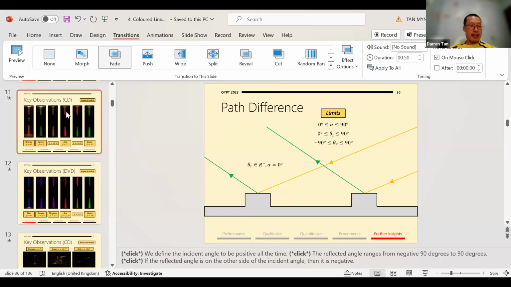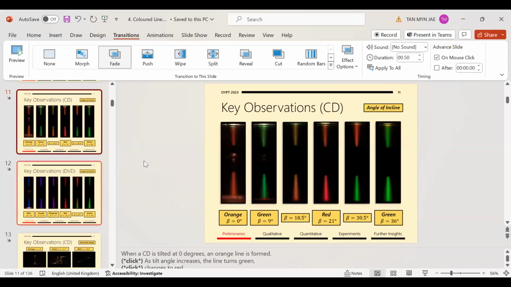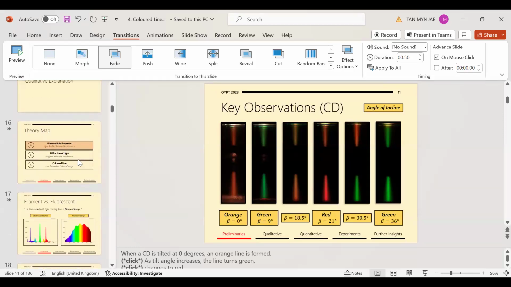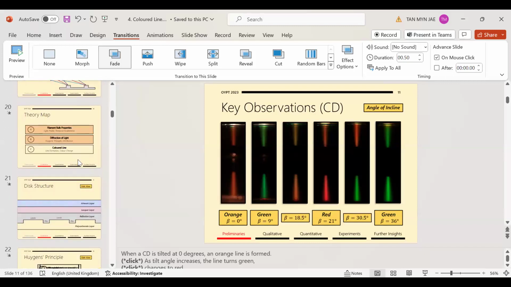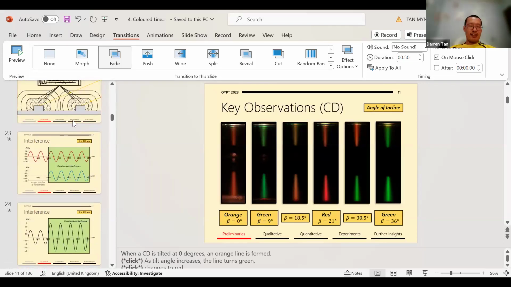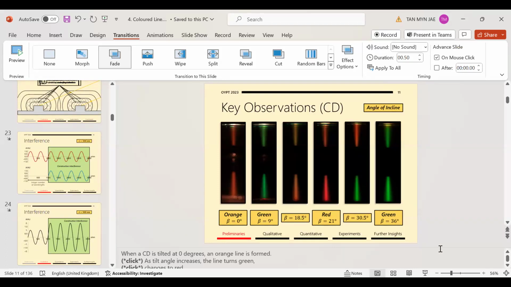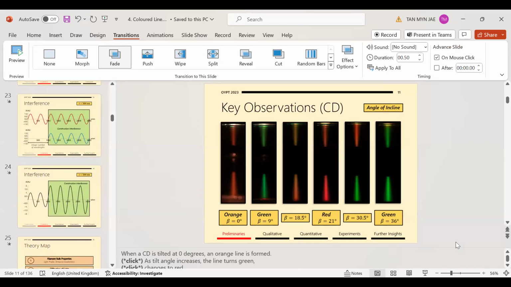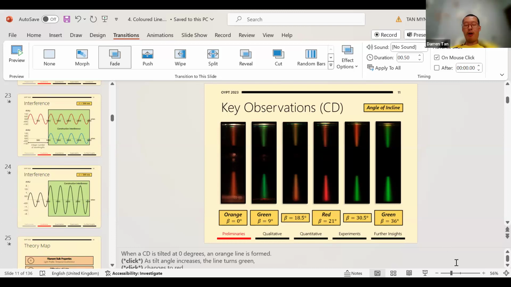Myn Jae has the slide there. I got lost after this one because I was a bit distracted. I understand. But I kind of understand a bit from the superposition part, the interference. Great. It's a very rich problem, with lots of interesting physics that all comes together to try to explain this.